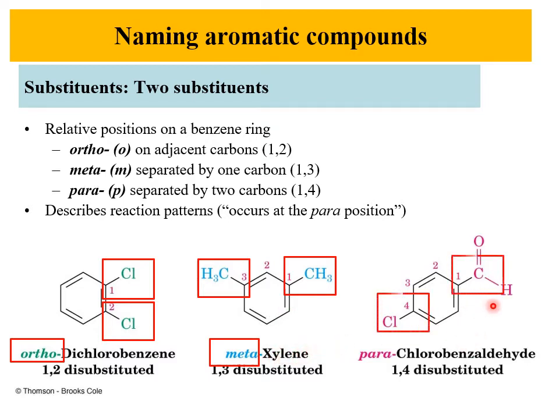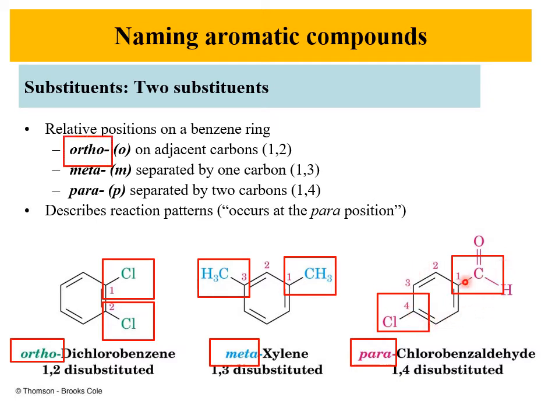For the third structure, we have two substituents located at carbon 1 and carbon 4. So we need to select the parent. For example, in this case, the parent has a common name, which is benzaldehyde.